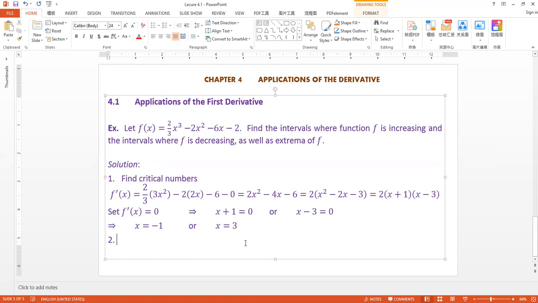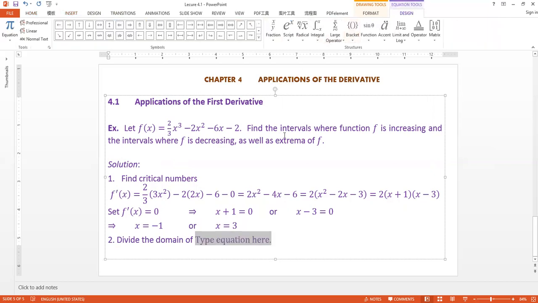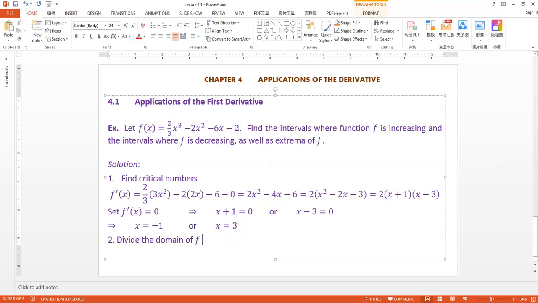Then we can use -1 and 3 to partition or divide the domain of the function f into subintervals. So what are these subintervals?